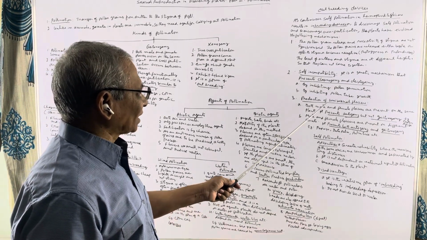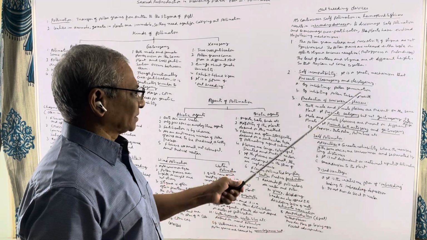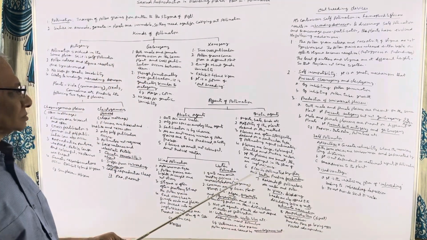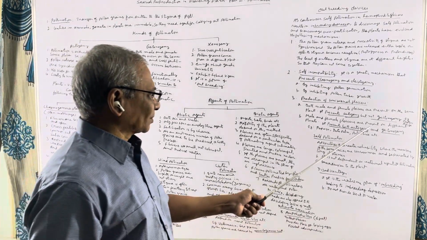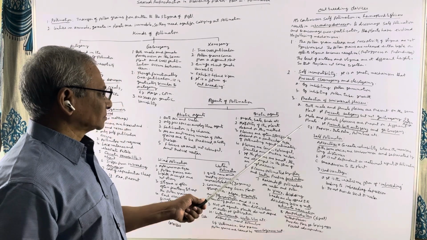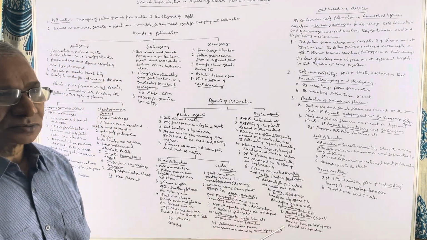If both male and female flowers are present on the same plant, it prevents autogamy, but not geitonogamy. Examples: castor, maize, etc.